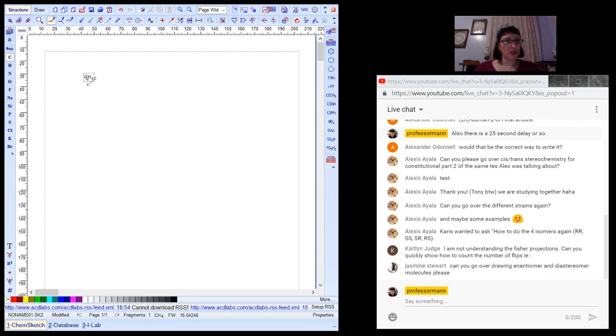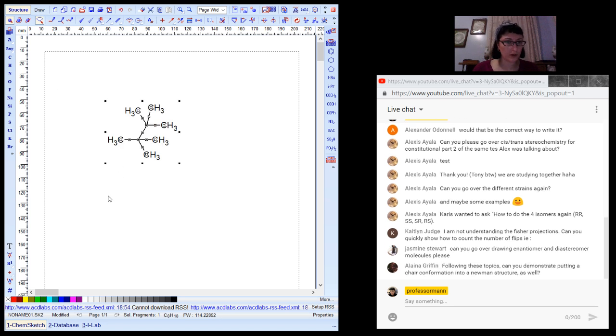For me, I usually start with a kind of generic structure. Give me a second. There we go. And then you need to put in, there we go.